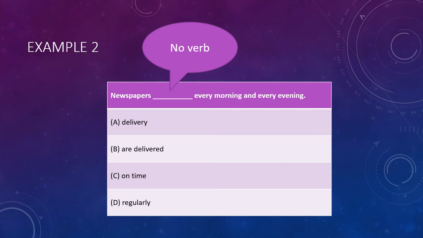Okay, the answer is B. You're right, because are delivered is a verb phrase, while the others are not verbs. So the answer should be B. Newspapers are delivered every morning and every evening.